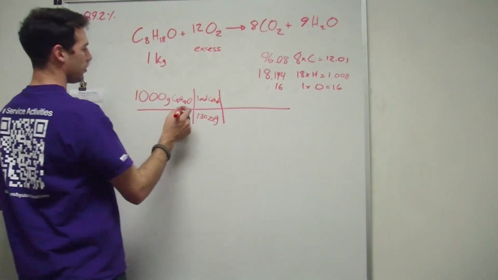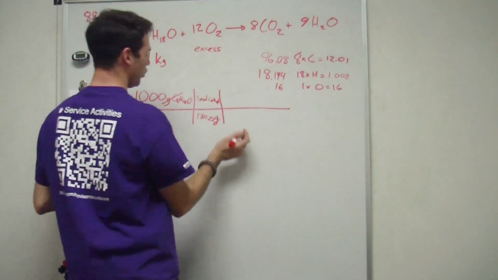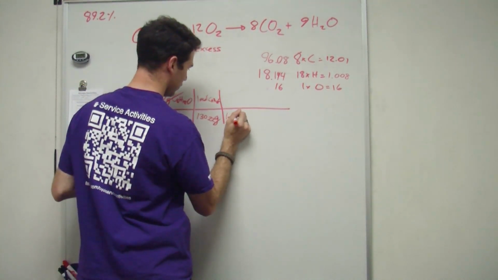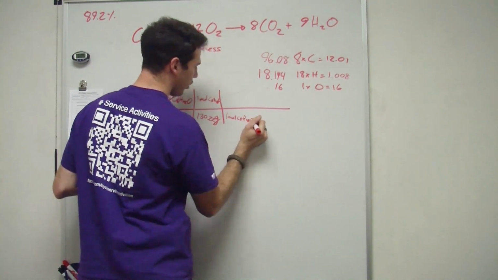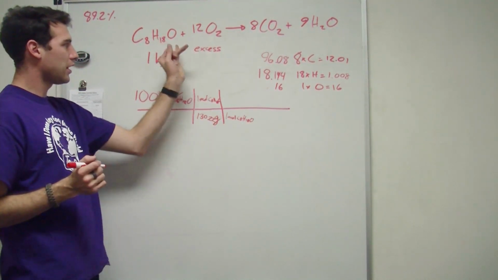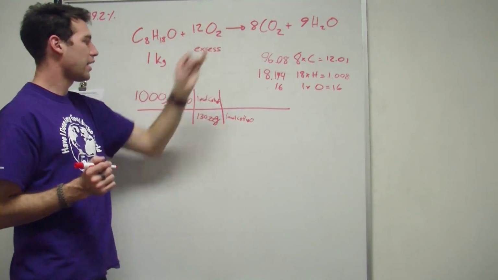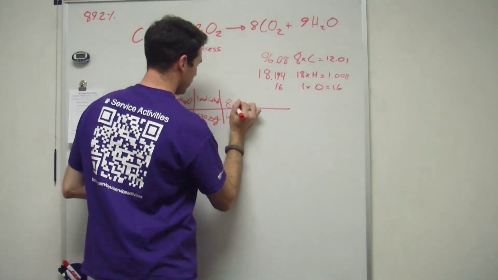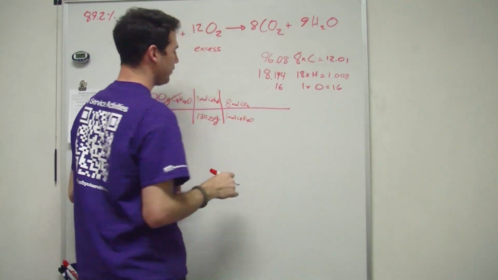So we got rid of our grams, and now we're in moles. Let's do 1 mole of C8H18O on the bottom, and the equivalent of that in CO2. So this is 1, that is 8 moles of CO2.